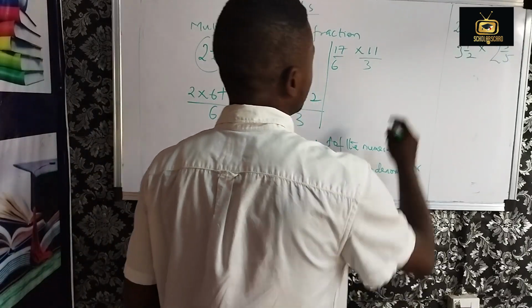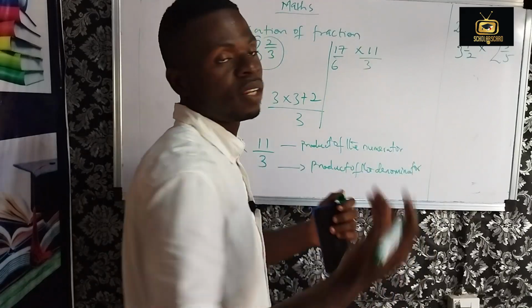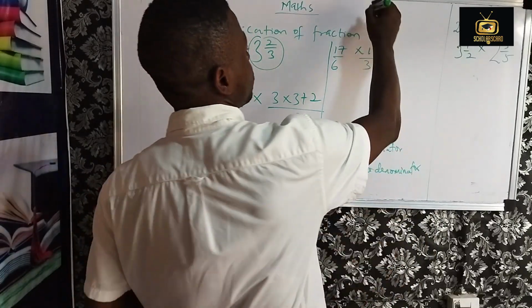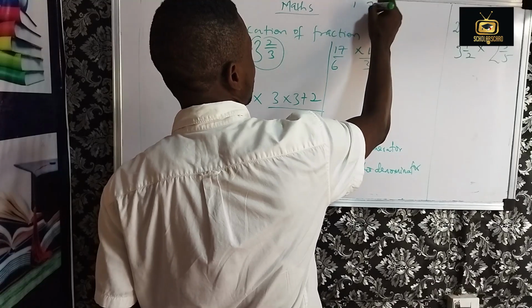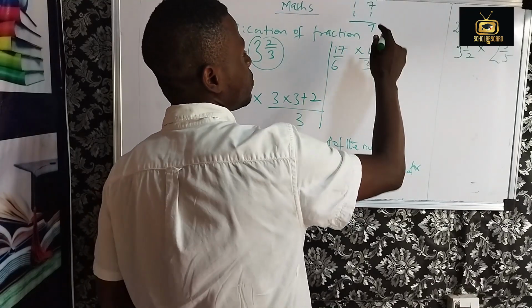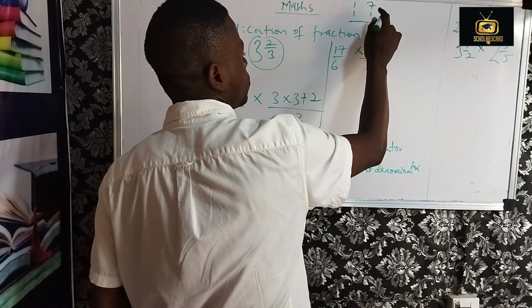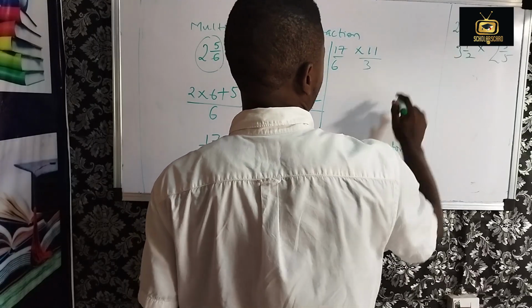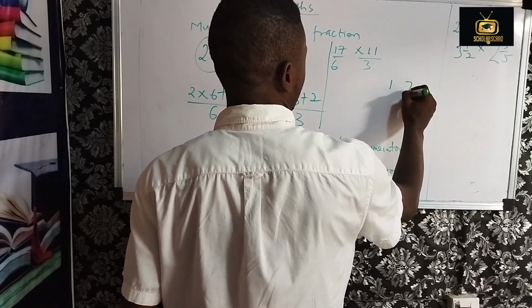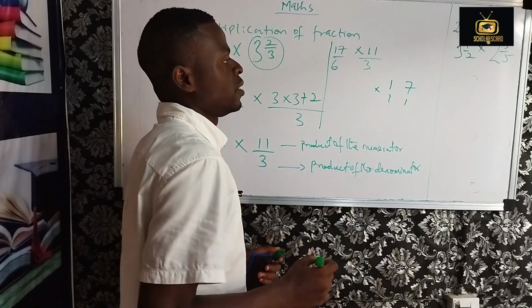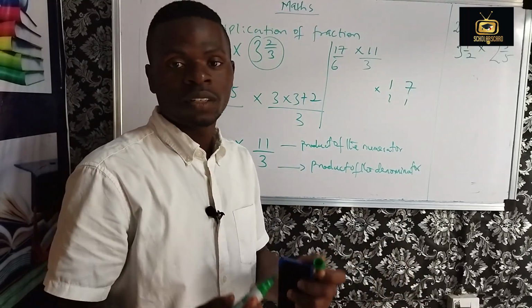Let us multiply that. Let me show you here. 17 times 11 will give us 187.